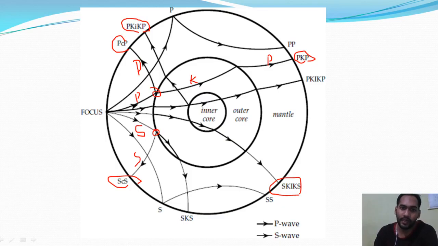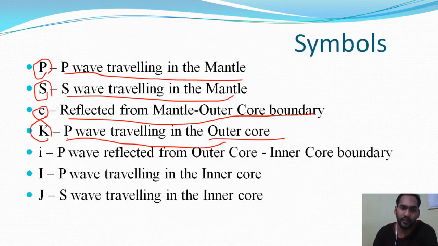If it is an S wave, it will travel as an S wave in the mantle, but while entering the outer core, an S wave cannot travel as S. Why? Because the outer core is a fluid medium, semi-fluid. So an S wave cannot travel through the outer core. You can see there is no symbol representing an S wave traveling in the outer core, because the S wave is absent in the outer core.